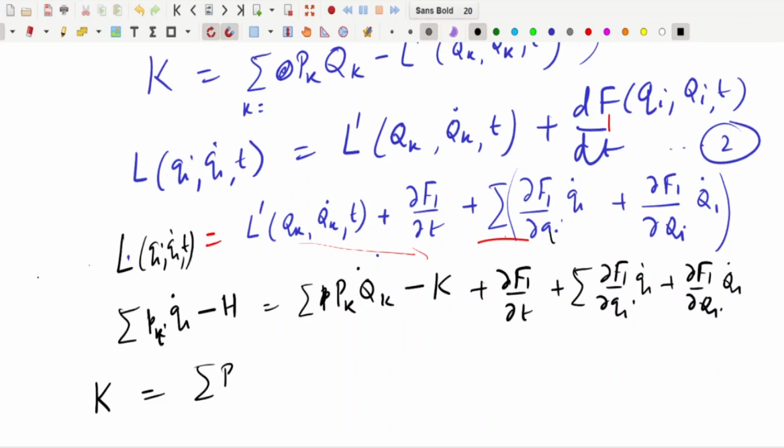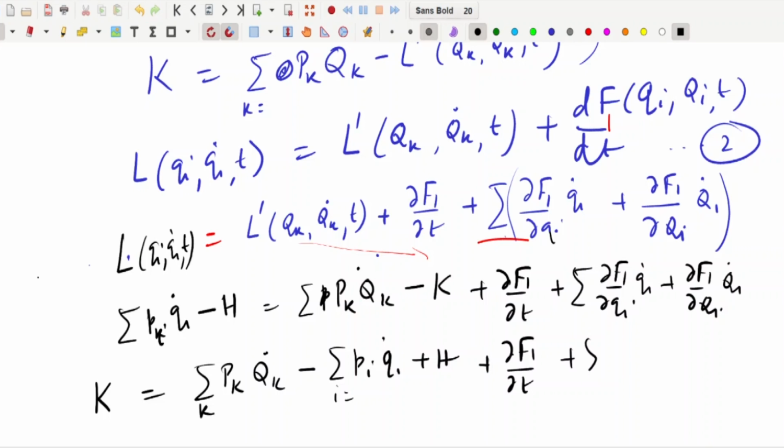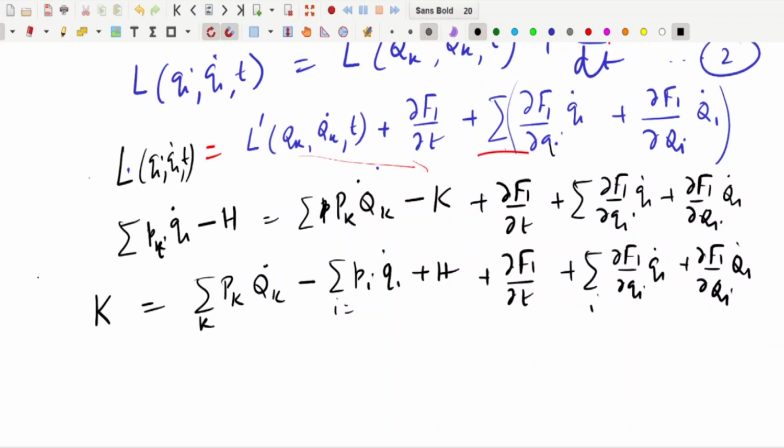Then on this side we have the sum over k of P_k Q_k dot, then minus the sum over i of p_i q_i dot. I could have written the same symbol. And then plus H plus del f1 del t plus the sum over i of del f1 del q_i q_i dot plus del f1 del Q_i Q_i dot. Okay, now we are fine.